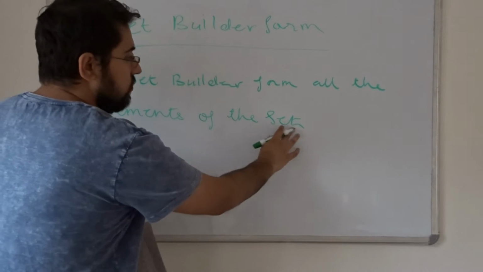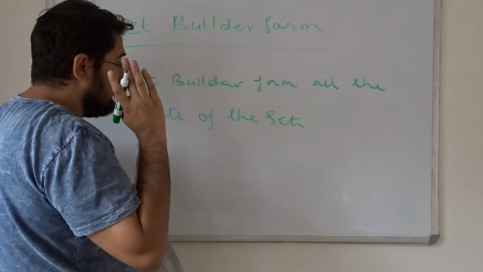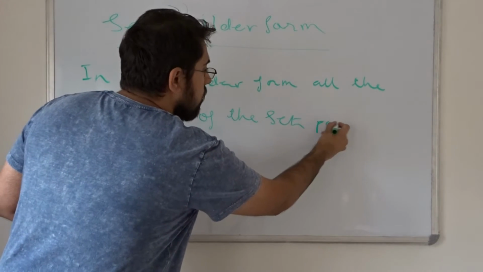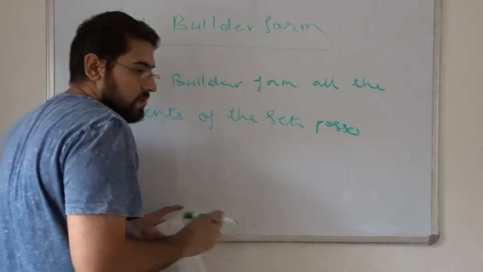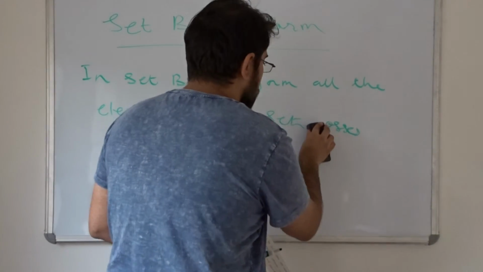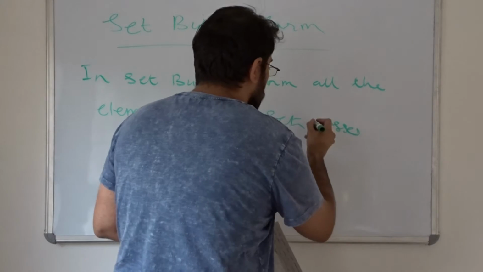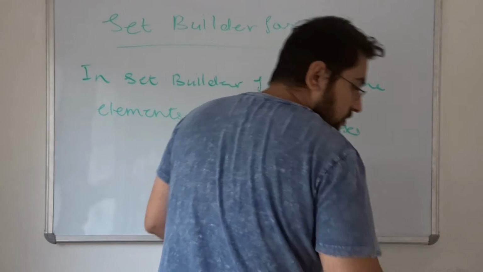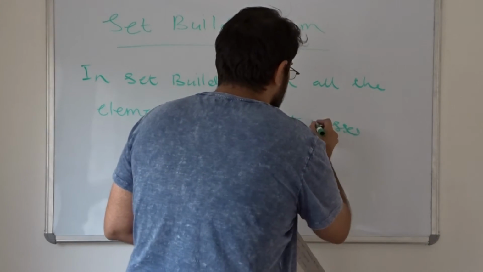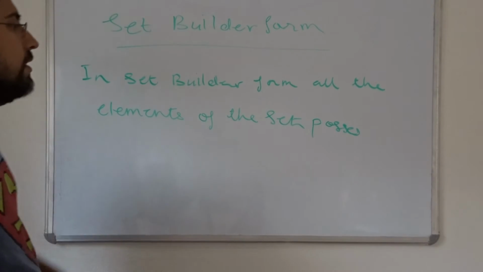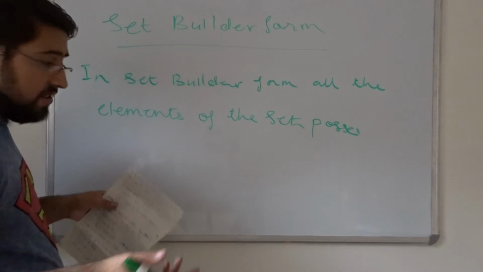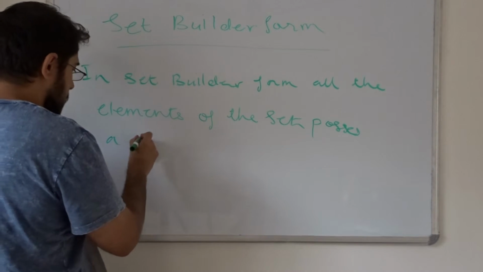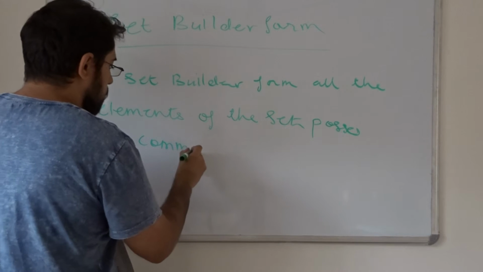All the elements of the set possess a common property. It's not a problem. I'm having a problem writing P. Oh God, can't get my ABCs right, I guess. Okay, possess a common property.